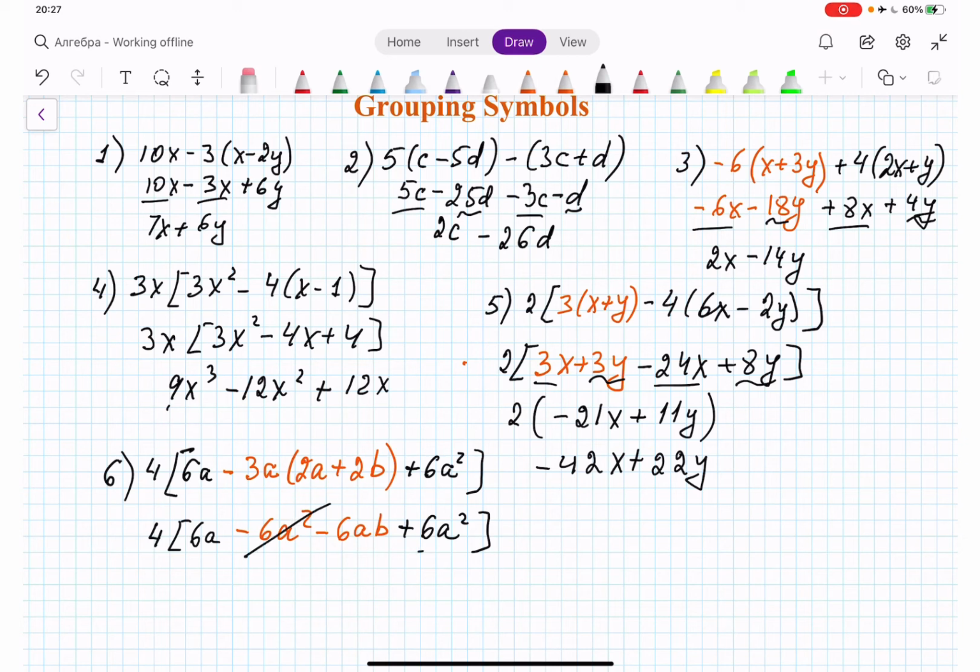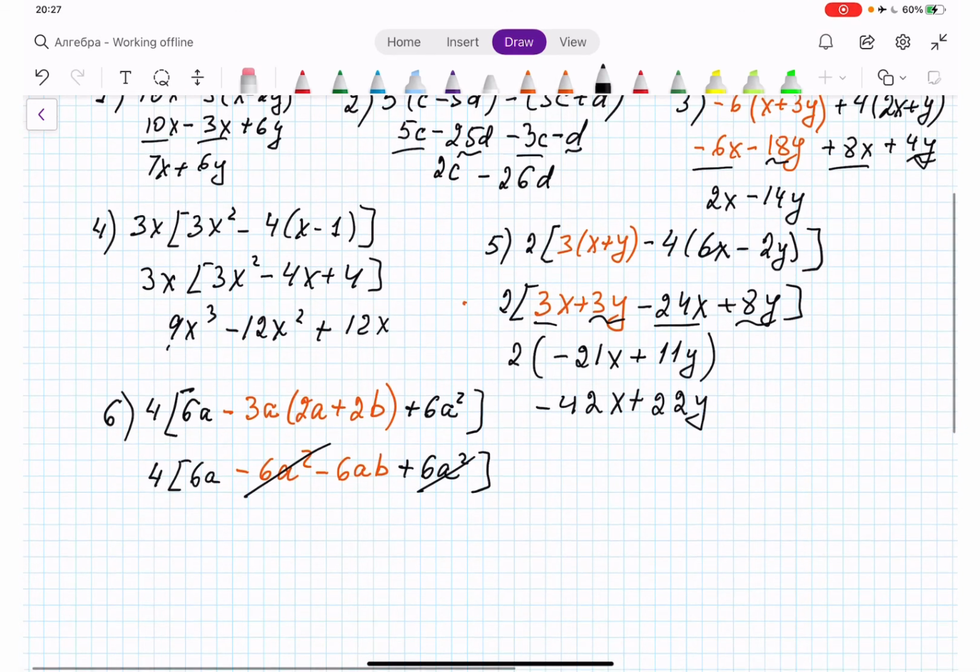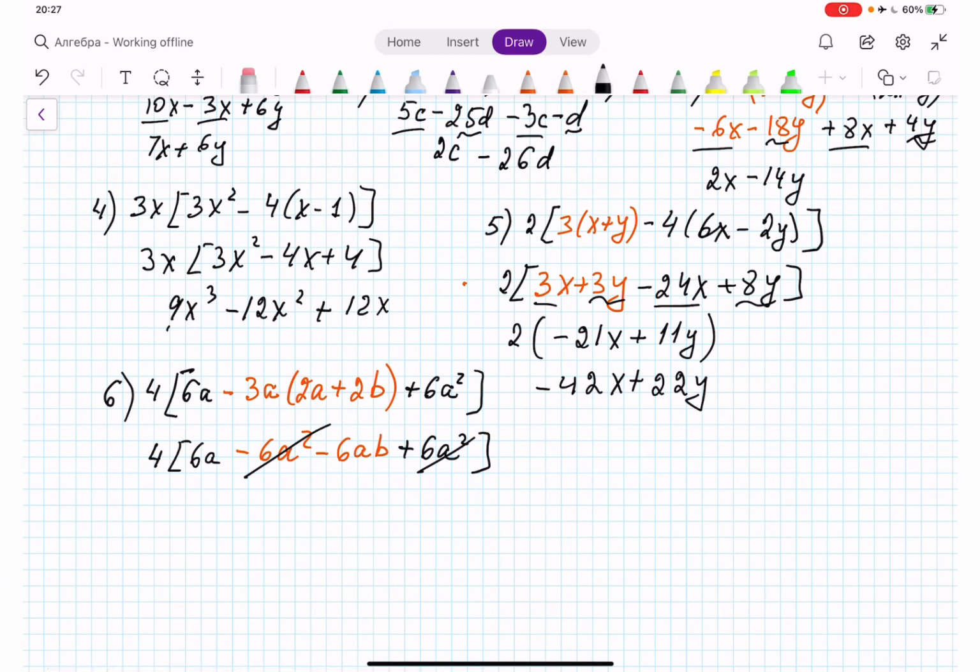Negative 6a squared plus 6a squared is canceling, and we are getting 4 times 6a, it's going to be 24a, and minus 4 times 6ab, going to be minus 24ab. And that's it.